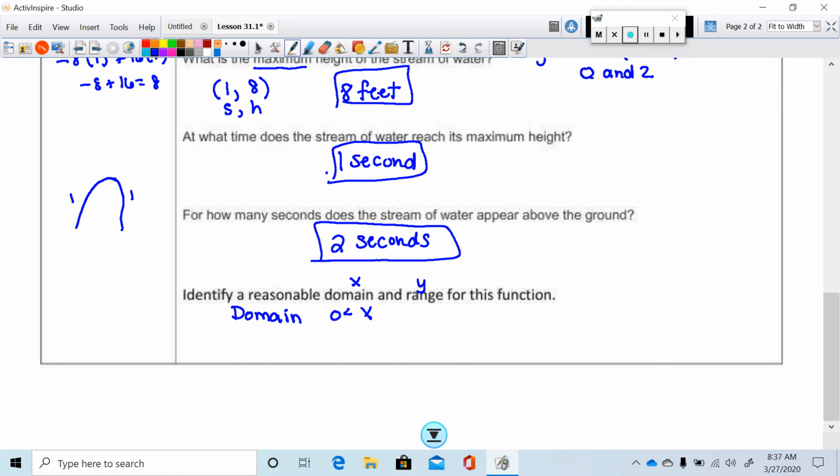So x is between 0 and the maximum number of seconds that it was up in the air until it reached the ground, which was 2 seconds. The range is the height. Well, obviously you could start out on the ground and the highest it gets was 8 feet. So the range is between 0 and 8.